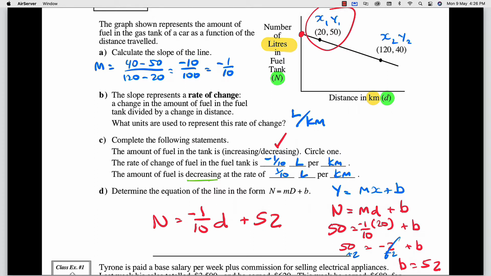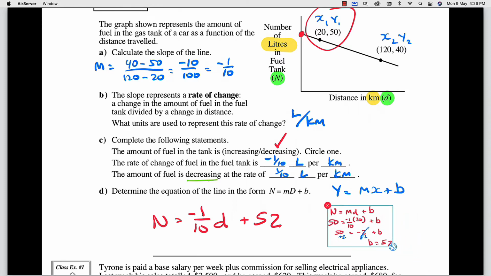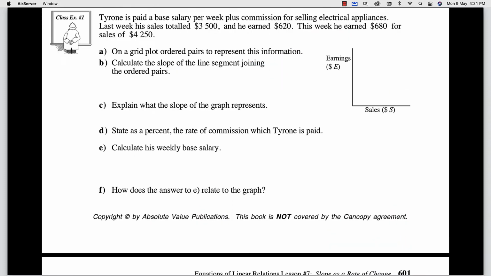Okay, so I'm just going to shrink this down a little bit and resize. There we go. All right, our class example 1 has some guy named Tyrone, and he's paid a base salary. So what a base salary is that it's the amount of money you get for just going to work.